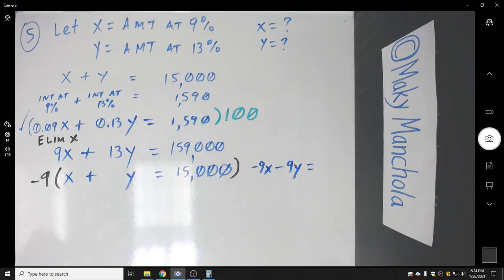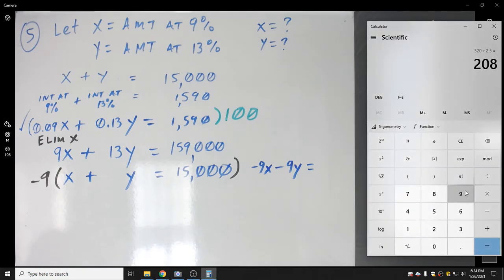15,000. Let's do that in the calculator. Let's multiply 9 times 15,000. So it's 135,000. But it is negative. So negative 135,000. We're going to put that in here.